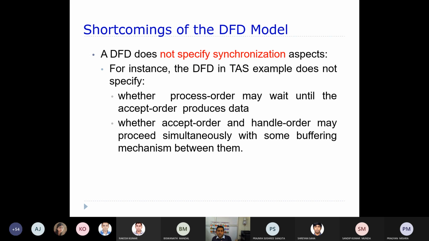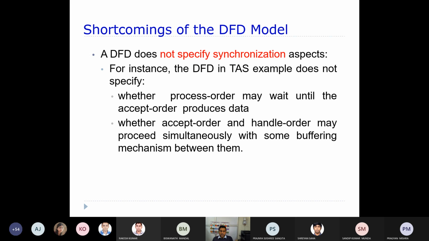Whether these processings can be executed simultaneously or not, these sorts of things are not represented. So that is the reason it is not addressing the synchronization aspect, okay.